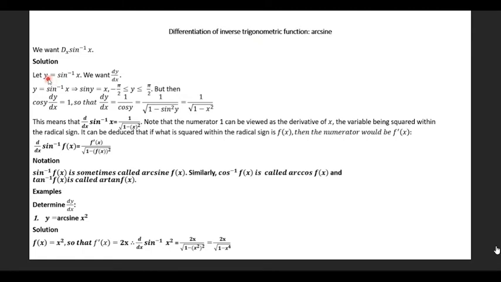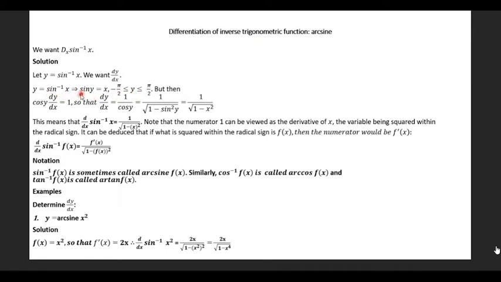So in that case, you allow y to be equal to arc sine of x, so that we know that we are looking for dy dx. Now, if y is equal to arc sine of x, what it means is that sine of y will be equal to x. That takes care of the part of the inverse, and then y must be between minus pi over 2 and pi over 2. That takes care of ensuring that it is going to be a function.